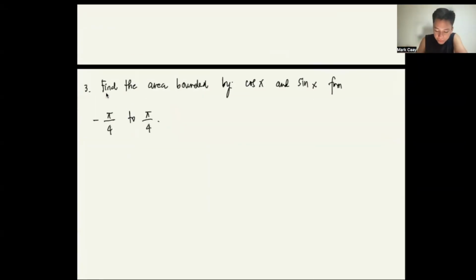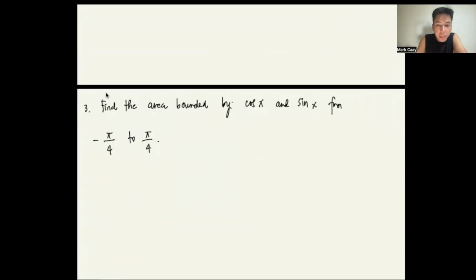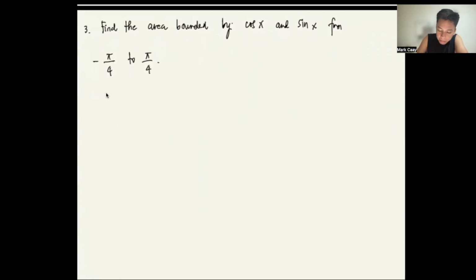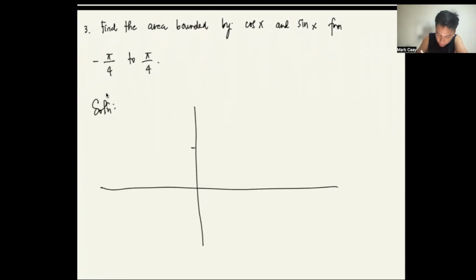Okay, so number 3. Find the area bounded by cosine x and sine x from negative pi over 4 to pi over 4. So how do we approach that? We have to sketch the graph first. So solution: let's sketch the graph. Let's say this is the 1 here.